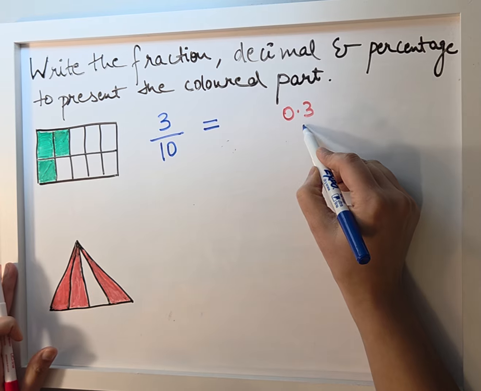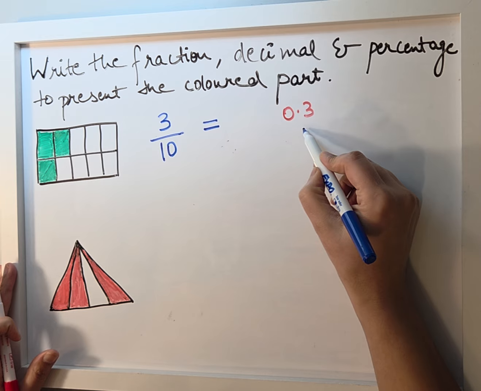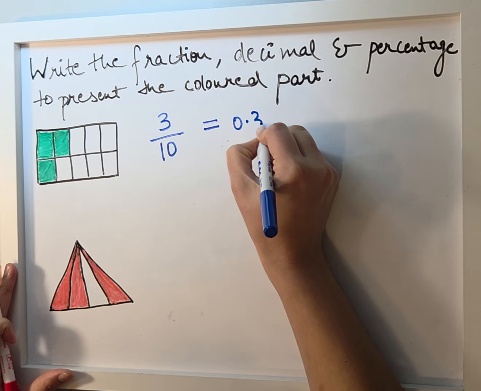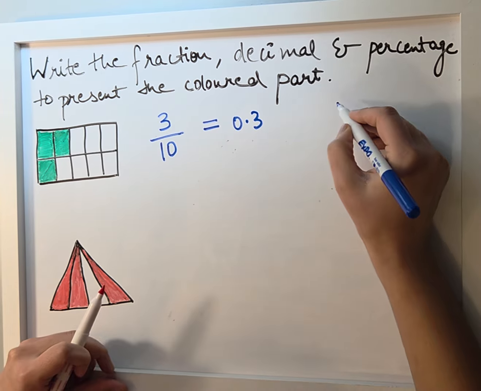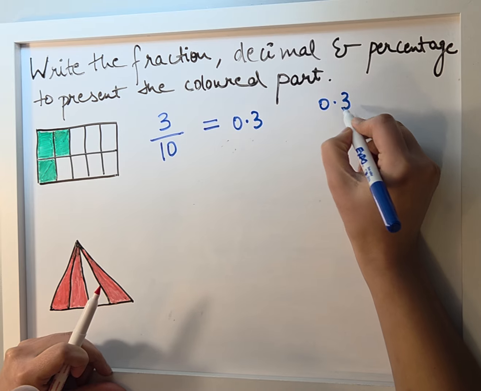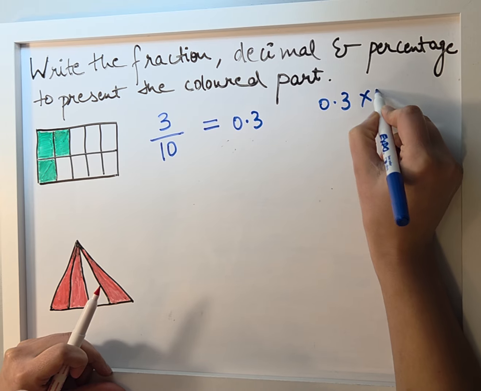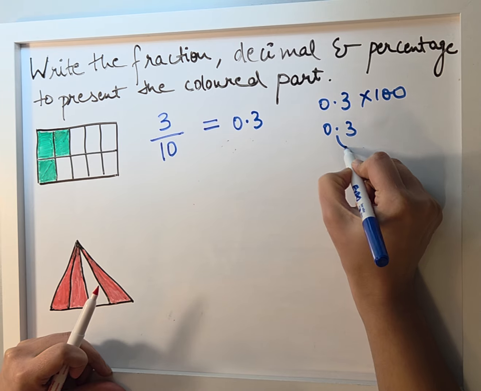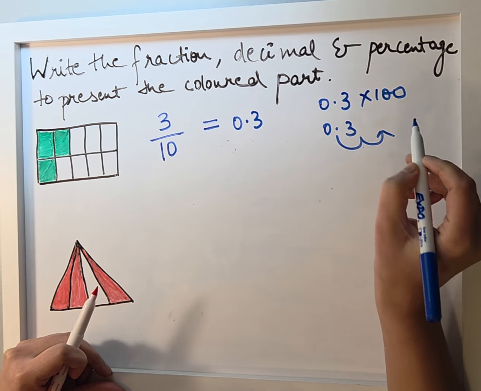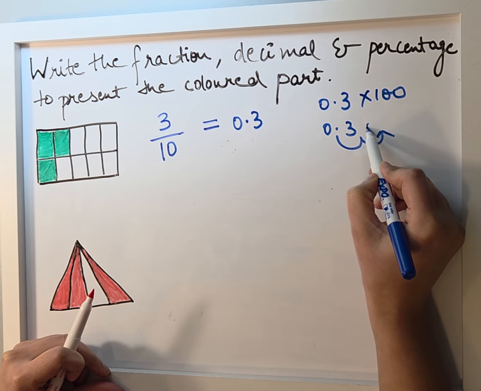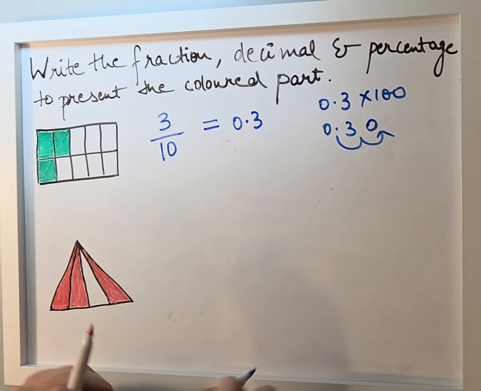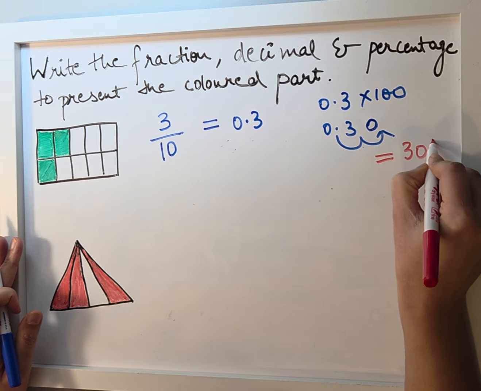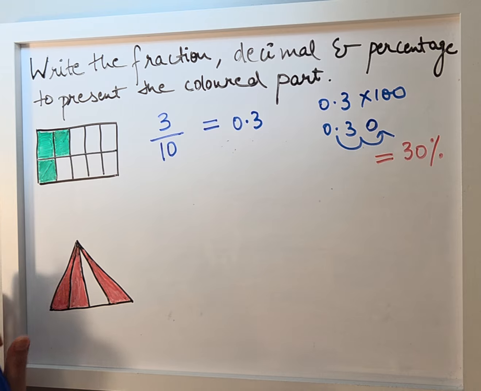Because 100 has two zeros, the decimal moves two places to the right. Here it can be written as 0.3, and if 0.3 has to be converted into a percentage, we multiply it by 100. The decimal moves two places to the right, and in the empty space we fill a 0. So this comes out to be 30, with a percentage sign.